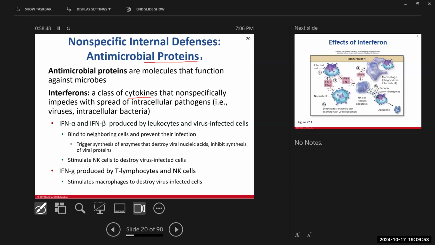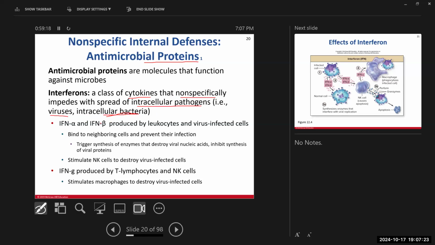They are nonspecific, and what they will do is stop the spread of pathogens within the cells. What could that be? Viruses, right? They love to get inside of our cells. I told you they like to turn your cells into factories. And then we have bacteria that like to jump inside the cells too.